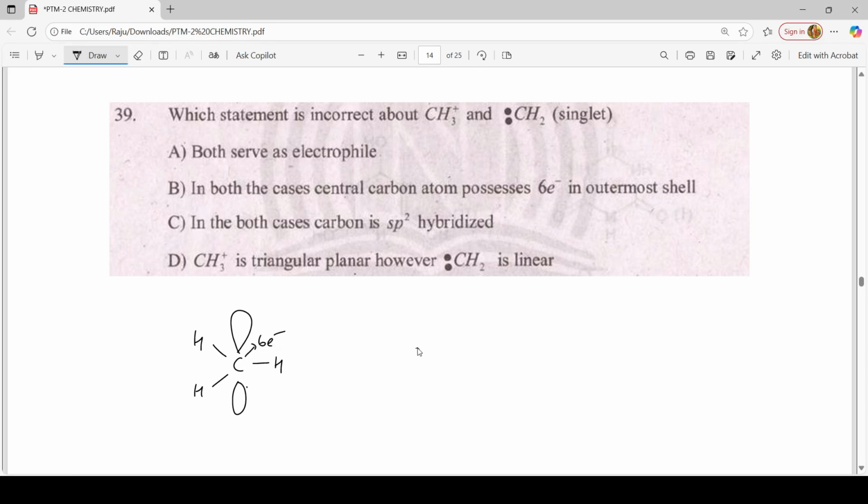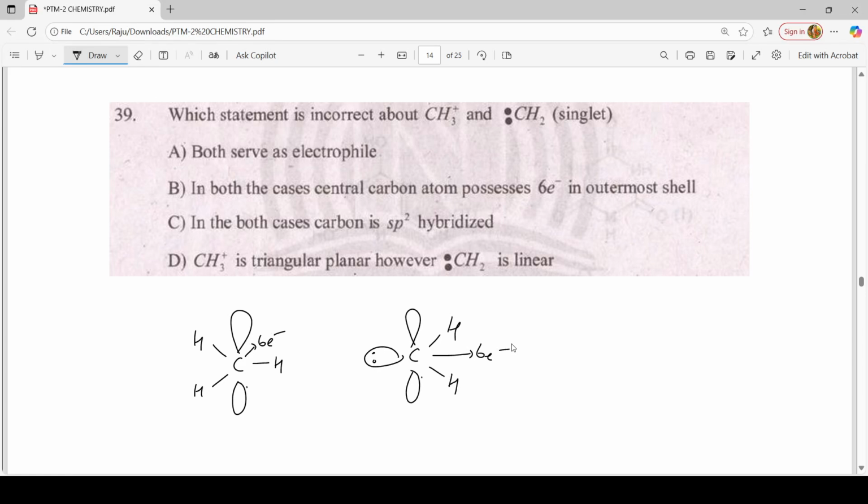Even in the carbene there are 6 electrons. So both act as electrophiles, and in both cases the central carbon atom possesses 6 electrons in the outermost shell.